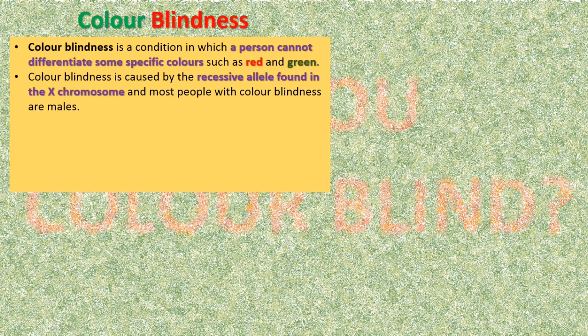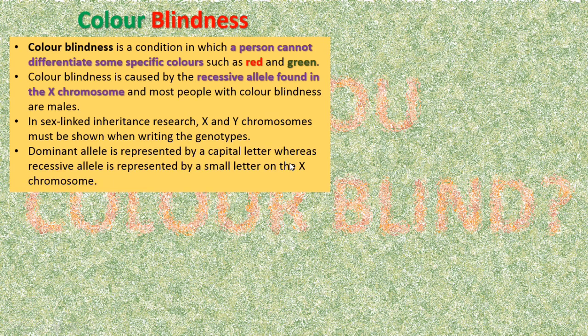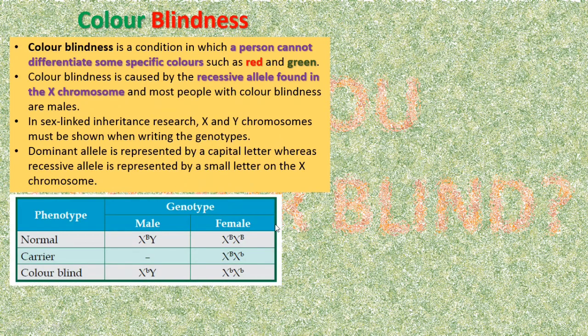In sex-linked inheritance research, X and Y chromosome must be shown by writing the genotype. So the dominant allele is represented by capital letter, whereas the recessive allele is represented by small letter on the X chromosome. So this is how to write down the genotype. For normal person, we have to write the capital B, so to show the normal male, X capital B Y, and female is X capital B X capital B. Okay, for the carrier, only the female is a carrier because female have both X chromosomes.